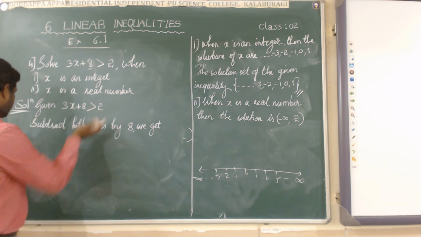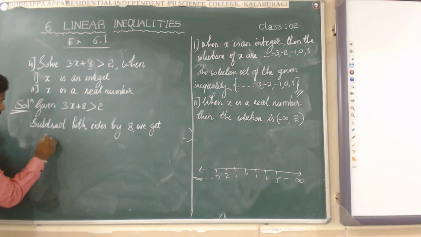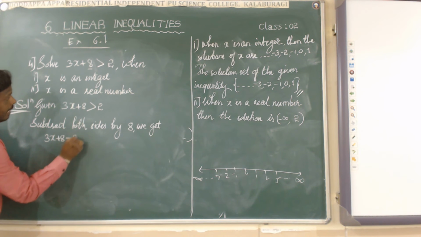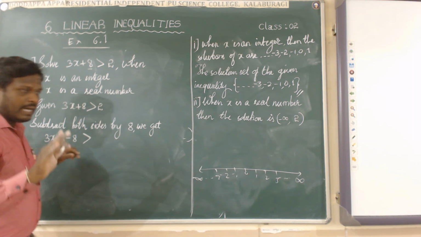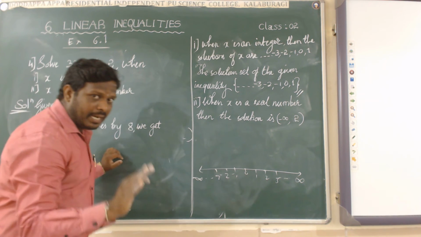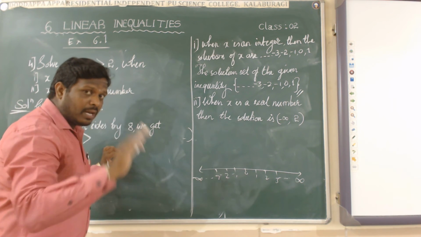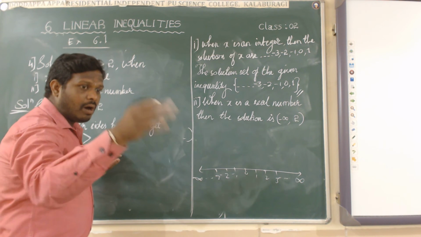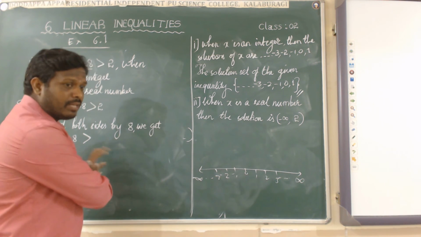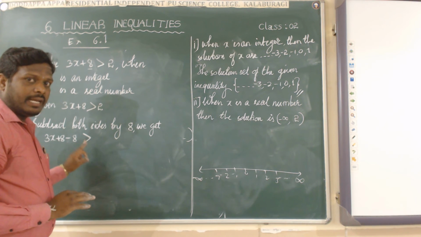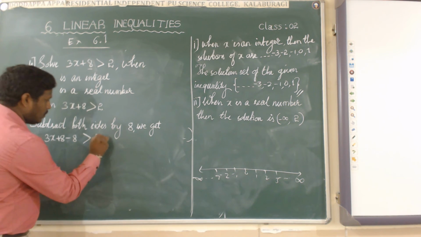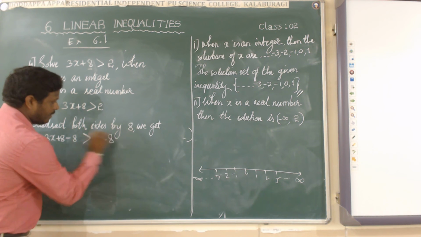That is 3x plus 8 minus 8, without affecting the sign of inequality. I will repeat: equal numbers may be added to or subtracted from both sides of the inequality without affecting the sign of inequality. Then 2 minus 8.